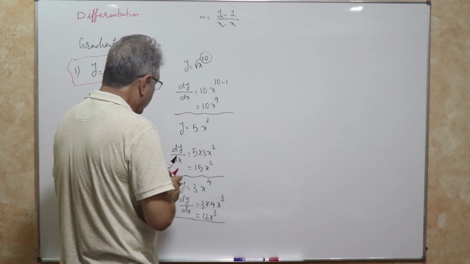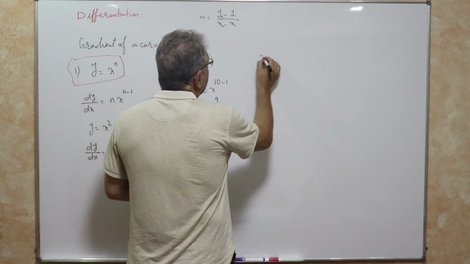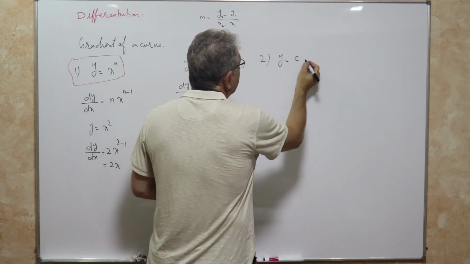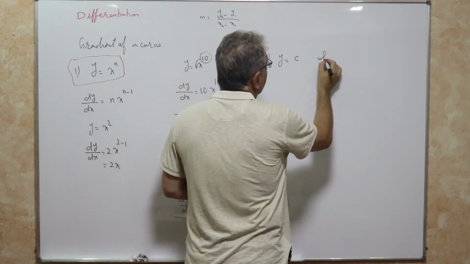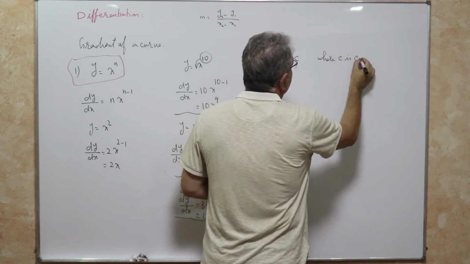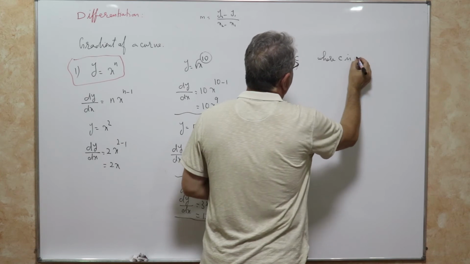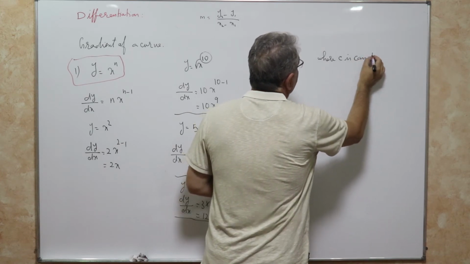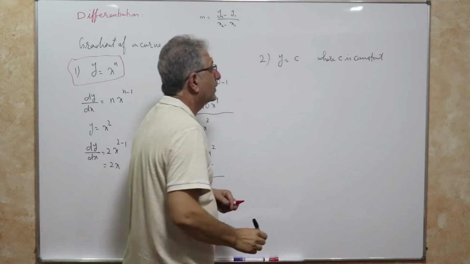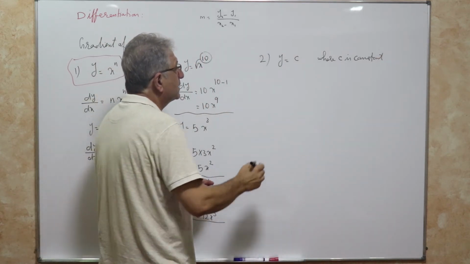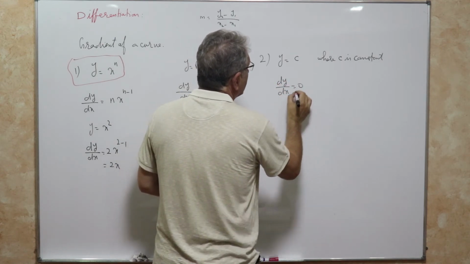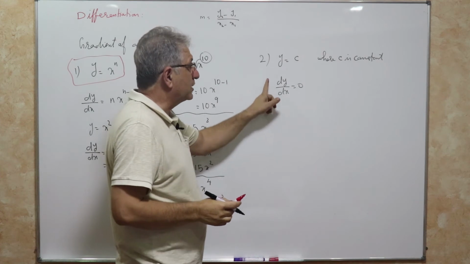The second formula which I want you to remember is that if y is equal to a constant number c, where c is constant, then in that case dy by dx is equal to 0, because there is no change in y, there is only change in x.